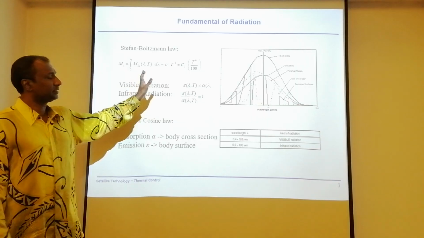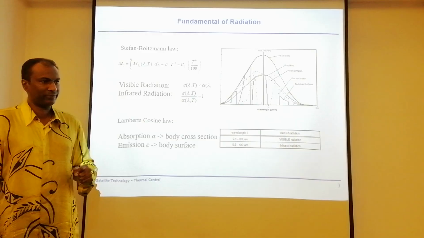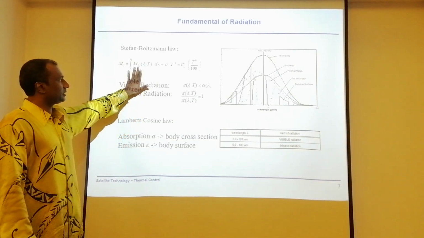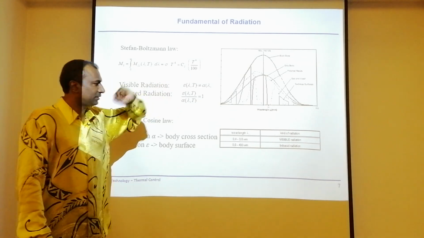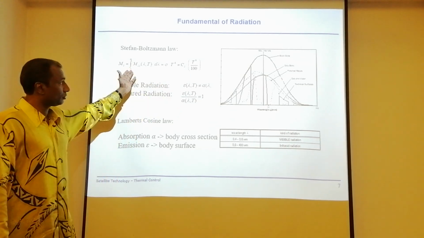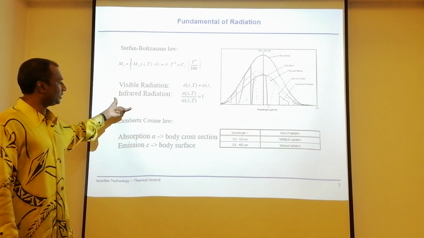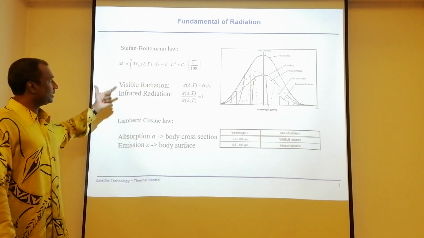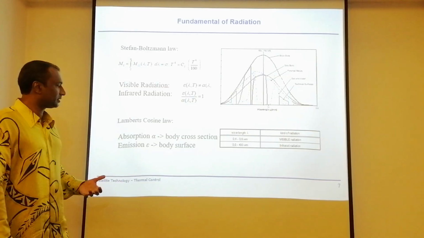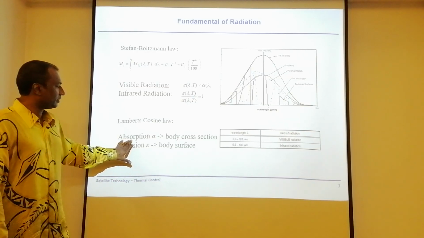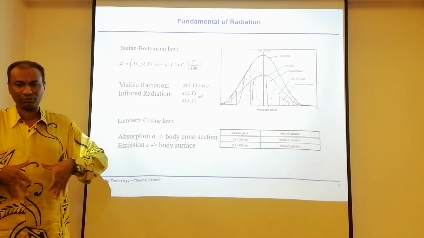Now, again, it's just fundamental radiation. Remember the formula that I showed you. You have seen that before. Radiation comes from the Stefan Boltzmann law, where sigma is the Stefan Boltzmann constant. Now, important to look at this. We read the Stefan Boltzmann law together with Lambert's cosine law. What it says is that when you do absorption, what is important is the cross section involved.